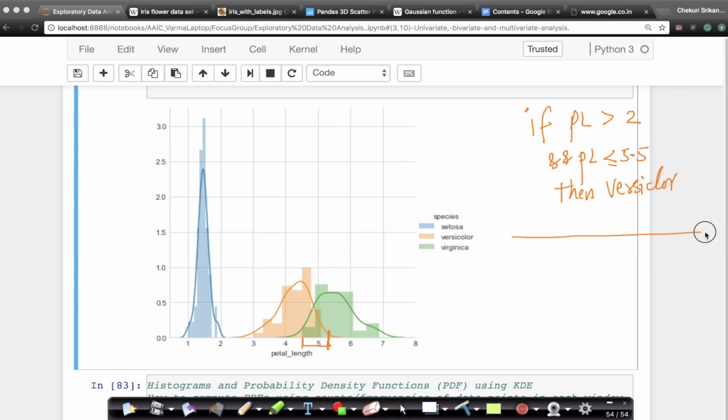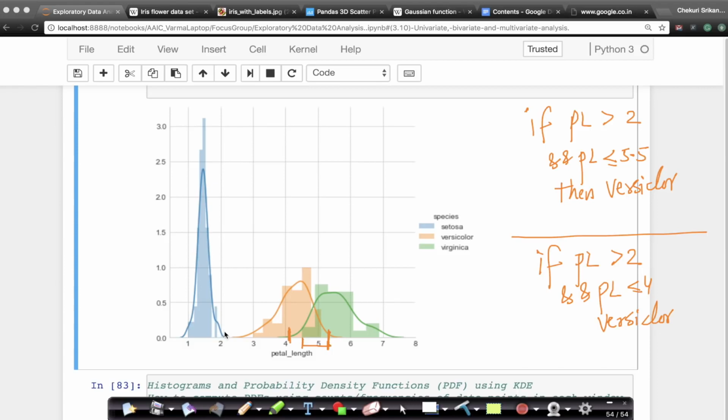On the other hand, if I use this as my threshold and write: if petal length is greater than 2 and petal length is less than or equal to 4, then versicolor. These are the thresholds that I'm setting.